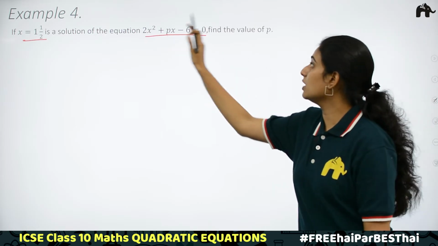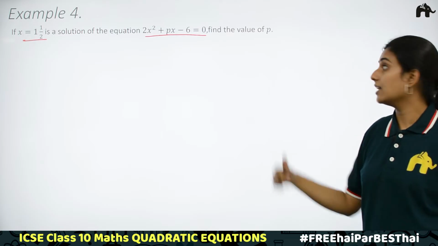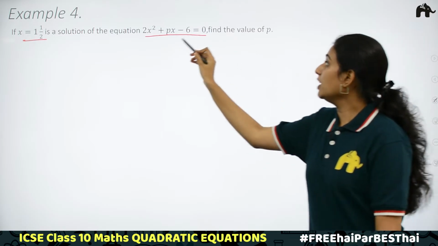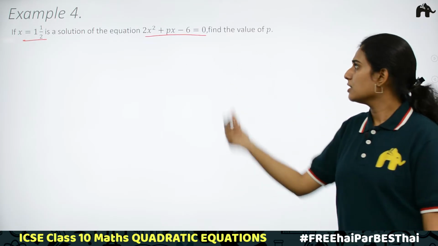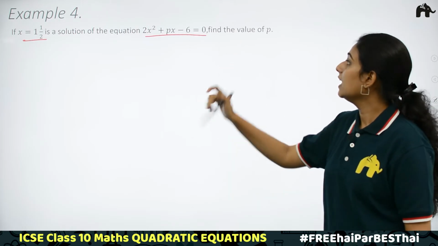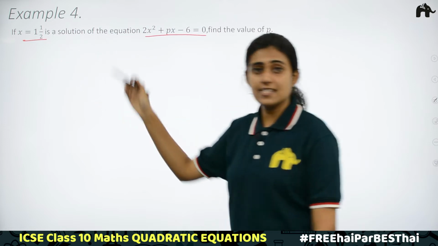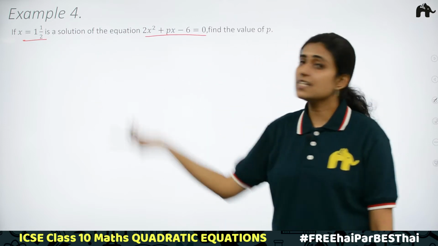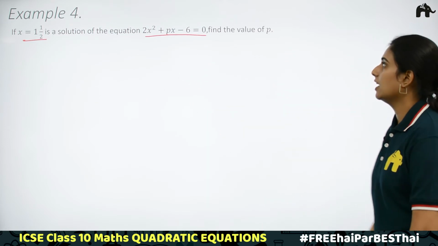That is, LHS will be equal to RHS, that is 0. But we don't know the value of p. Substituting the value of x, you can find the value of p, because it is given that x is equal to 1 1 by 2 is a solution of the equation.